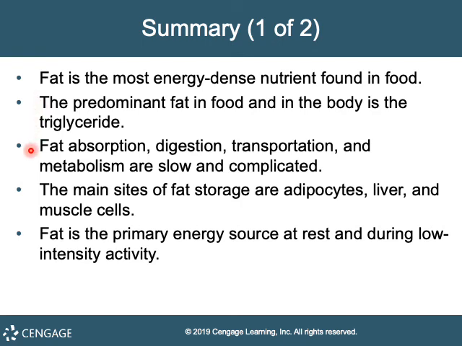Fat absorption, digestion, transportation, and metabolism are slow and also complicated, much more so than glucose. The main sites for fat storage are adipocytes, which are your fat cells, liver, and muscle cells. Fat is a primary energy source at rest and during low intensity activity. But remember that the more well-trained an individual is, the more efficient they are at using fat for fuel at higher intensities.